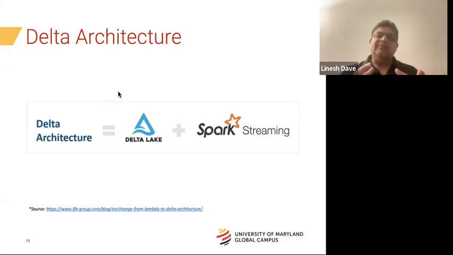Data lakes by nature are immutable, right? What that means is if you design something within a data lake, if you have a structure in the data lake to store your data, and at any point in time you have to change that structure, you may be saying, okay, I changed this structure, done, right? You may probably just send up a command and it will do it.